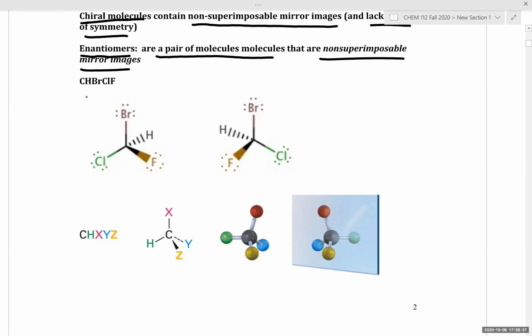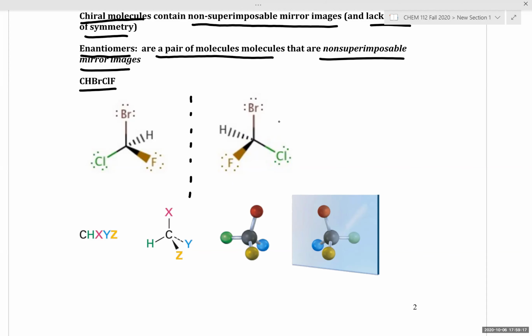If we look at the following substituted carbon, we notice that if we compare the three-dimensional arrangement of each of our substituents, our two structures on the left and on the right are mirror images. Let's make a model of each of these two structures, and then analyze them in detail.